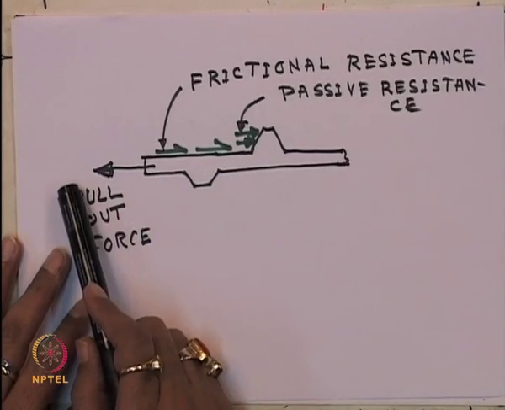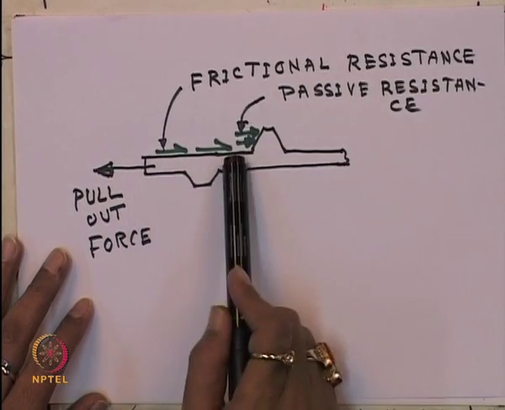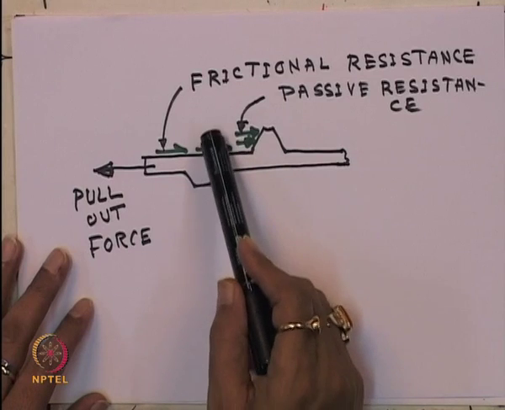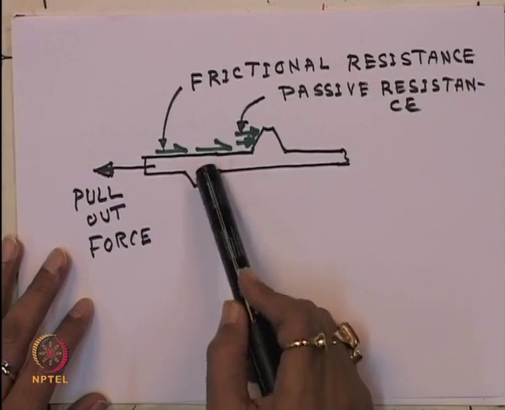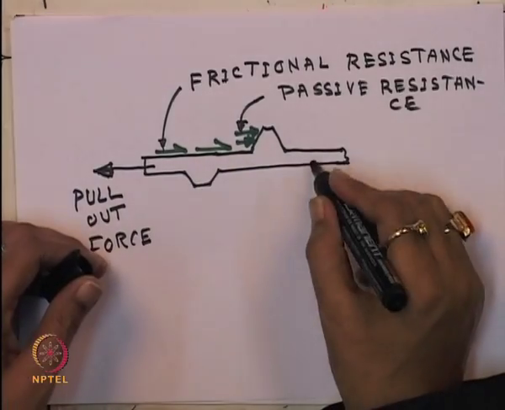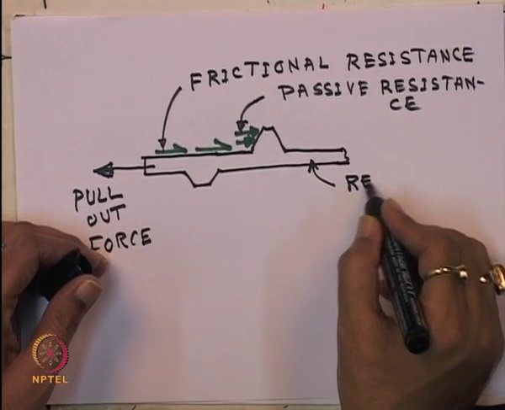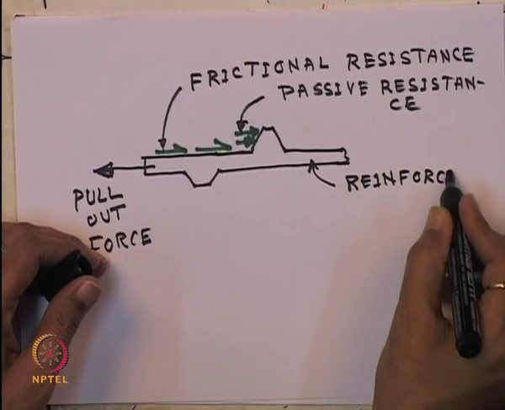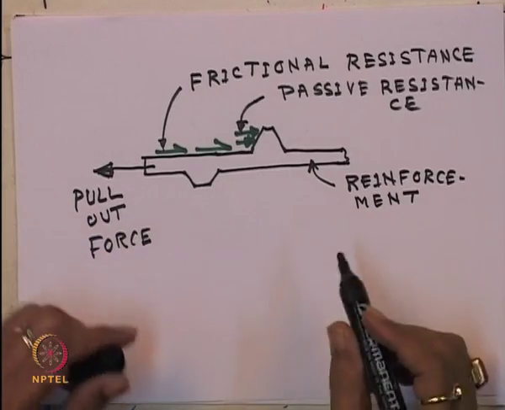When you pull it out due to some applied load, the frictional resistance is developed between soil and this reinforcement material. Basically this is the reinforcement material. It may be geogrid.